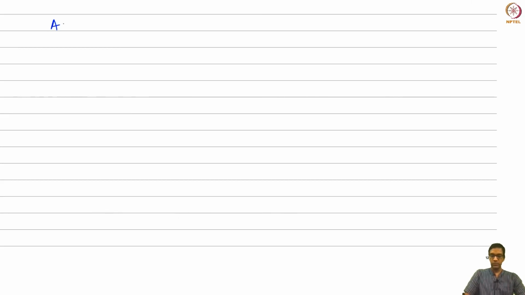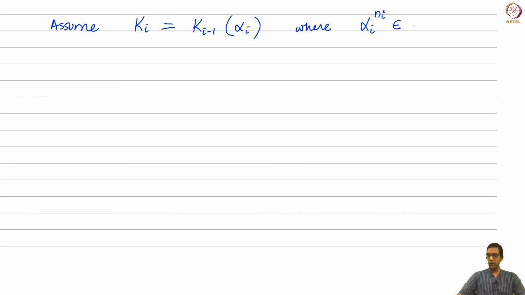Okay, so let's assume that each Ki is obtained from Ki minus 1 by adjoining some nth root, some alpha i, where alpha i to the ni is some element in Ki minus 1, for some ni's, which you can assume are all at least 2.